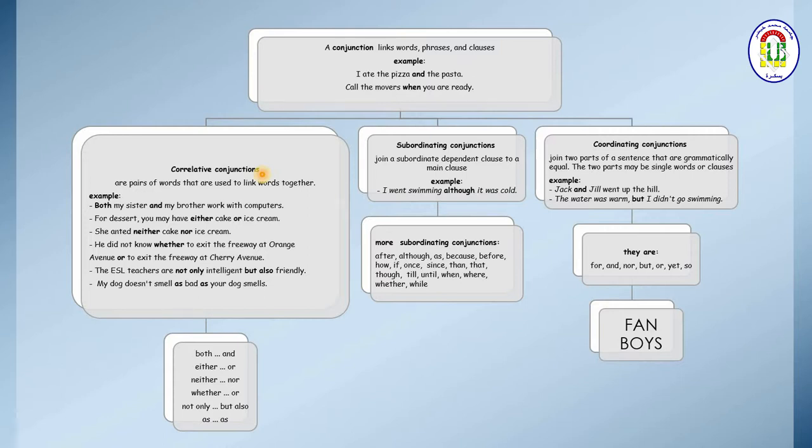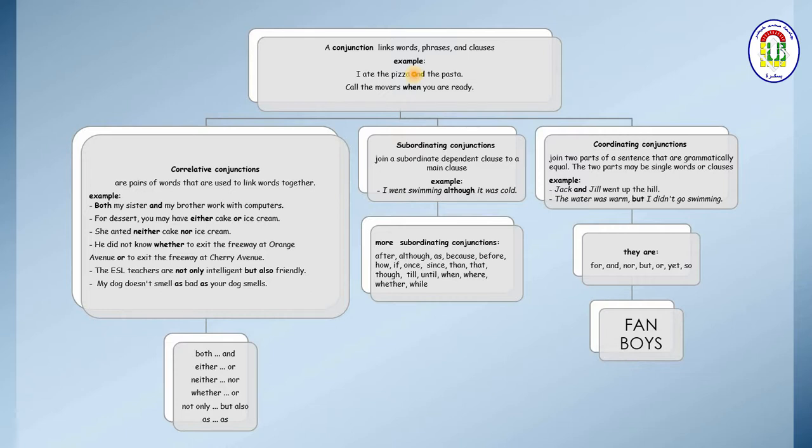As you know, in English we normally have four main types of sentences. We have the simple sentence, which contains a subject, verb, and object, like in the case here, I ate the pizza. Here, I ate the pizza is a simple sentence. If I put a full stop here and omit this one, it will be a what?